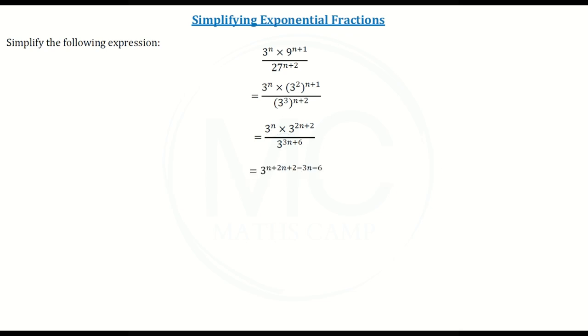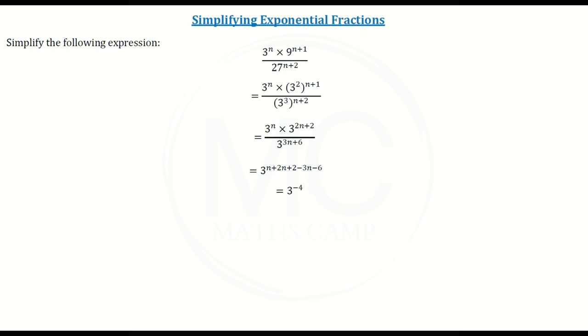Now we can add like terms within our exponents. So we have a base of 3. We have n plus 2n, which is 3n, minus 3n, which gives us 0. Then we have 2 minus 6, which gives us negative 4. But we don't want a negative exponent.